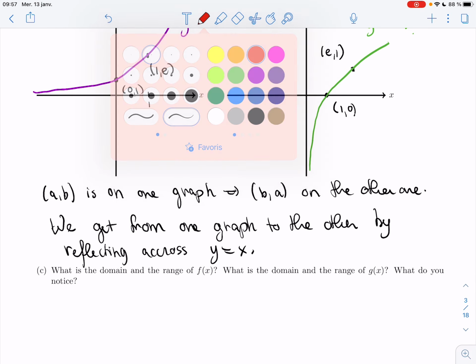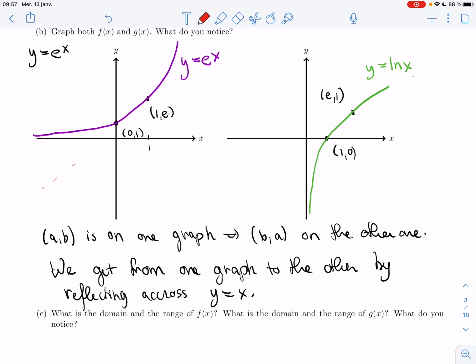Right, so let me draw y equals x. And so if we flip it across, we'll get this.